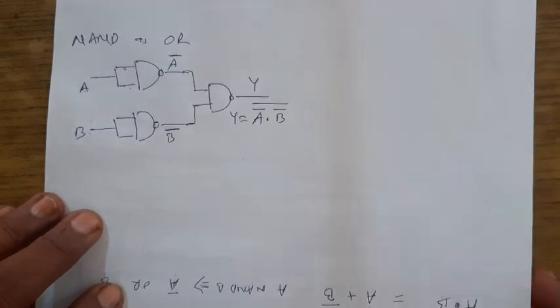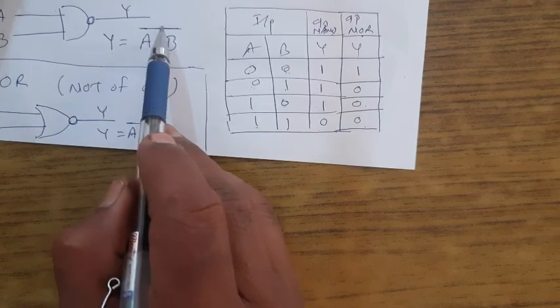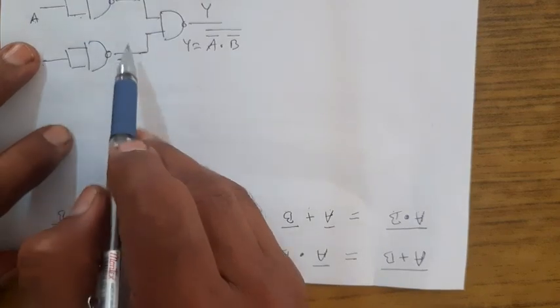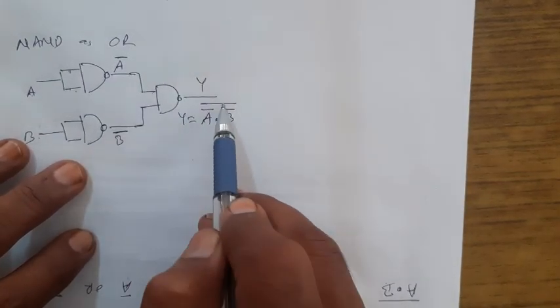For a simple NAND gate, what is the output? For a simple NAND gate, Y is equal to (A·B) bar, but the inputs are A and B. Now the inputs are A bar and B bar, and therefore I will have to write (A bar · B bar) the whole bar.